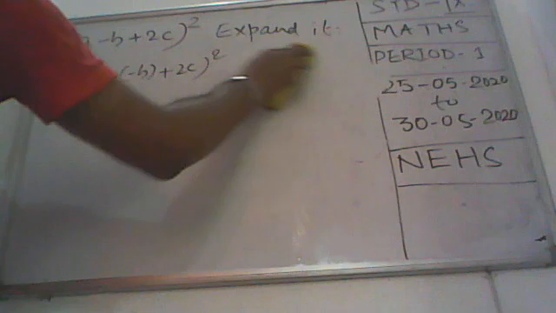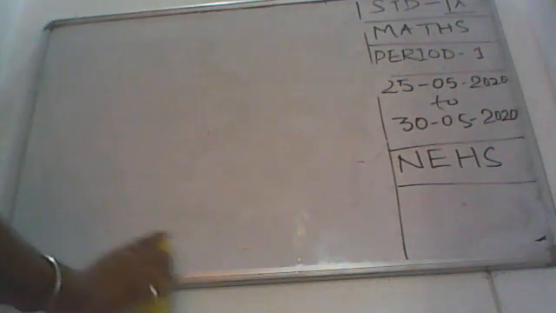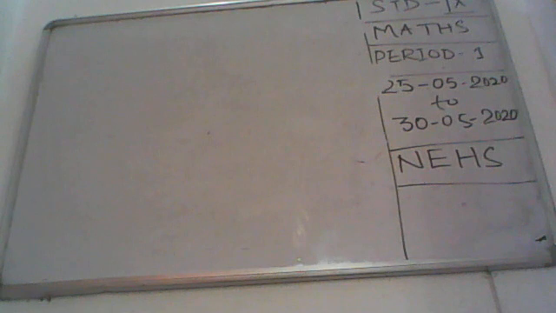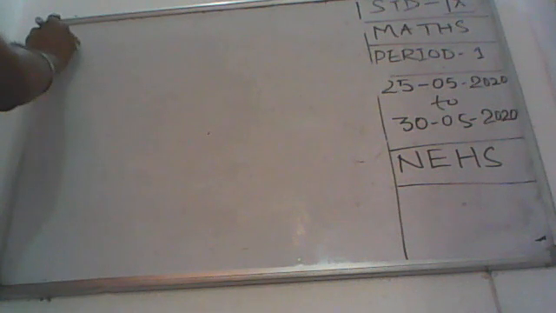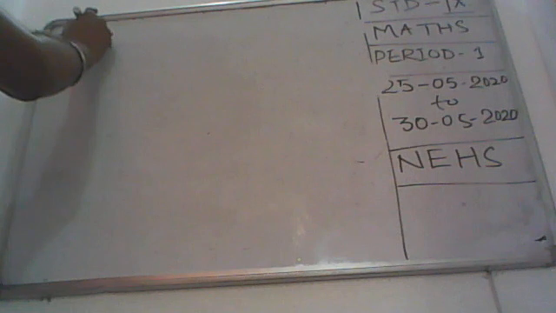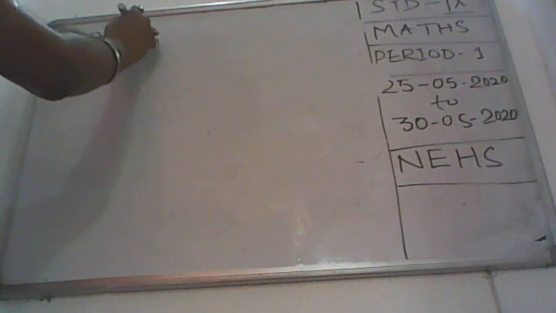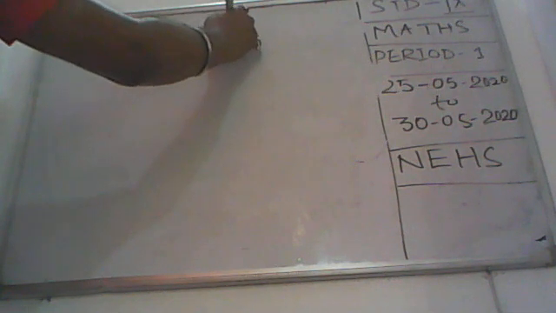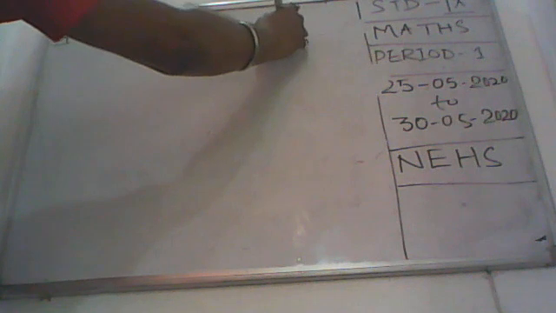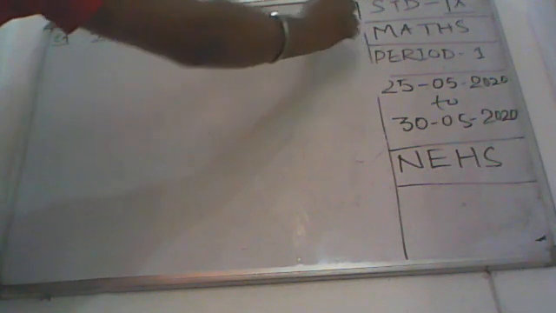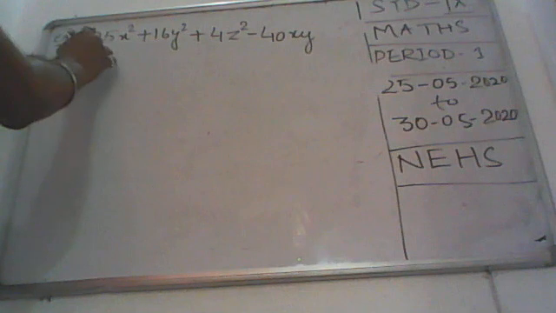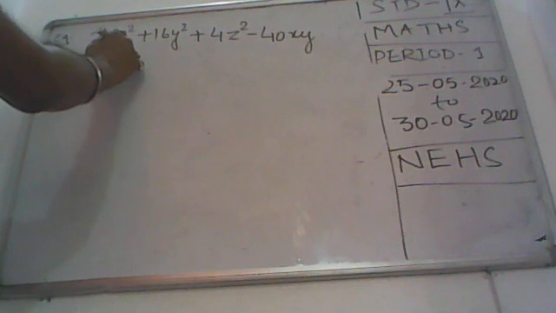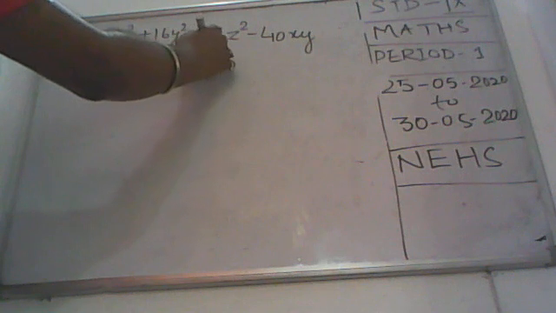Now, one more type of question can be given this time. The expansion will be given and you will be asked to factorize it. So in this type of question, suppose I do one different example here: 25x square plus 16y square plus 4z square minus 40xy plus 16yz minus 20xz.